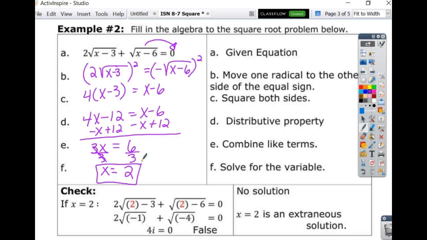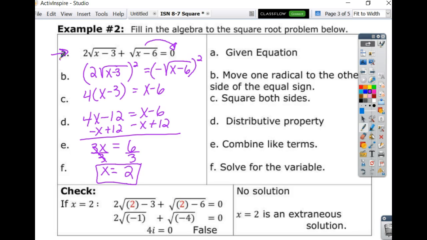So I have to take the 2 and I have to plug it back in this equation. So if I fill in the x with 2, so here I get 2 minus 3. What is that? Negative 1. And so that's going to give me 4i. Does that equal 0? No, it's not true.